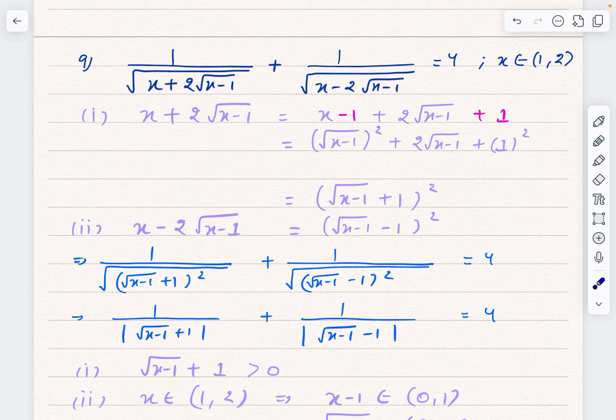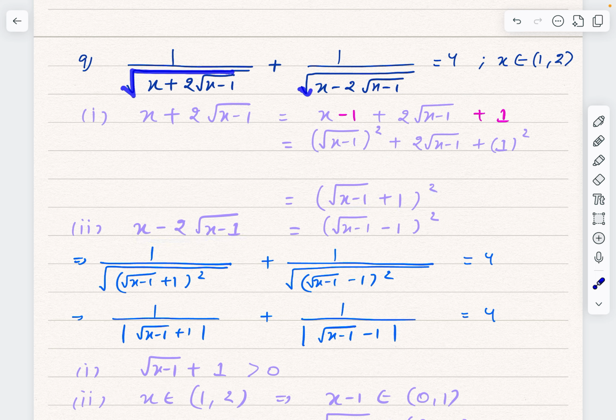Next, x minus 2 square root x minus 1. Do the same thing over this. It will come out to be square root x minus 1 whole square. So in the place of this thing, it will be root x minus 1 plus 1 whole square. In the place of this thing, it will be square root x minus 1 whole square. And there is one more square root on that.